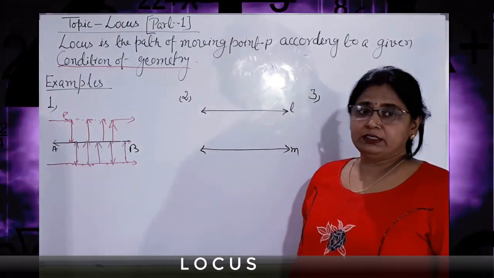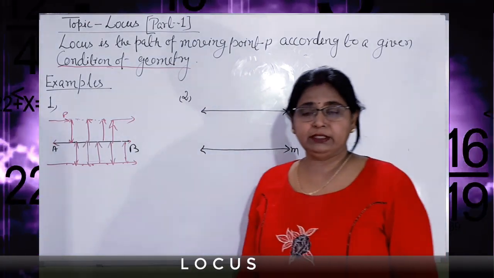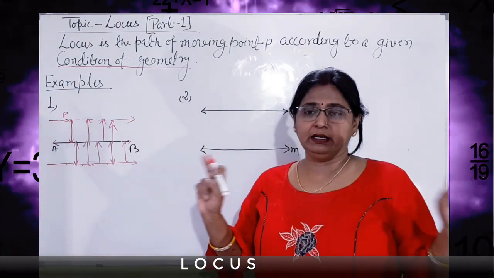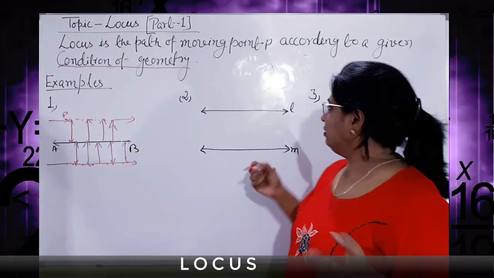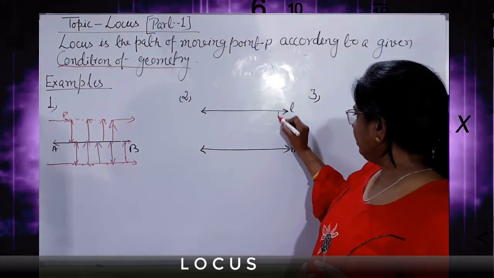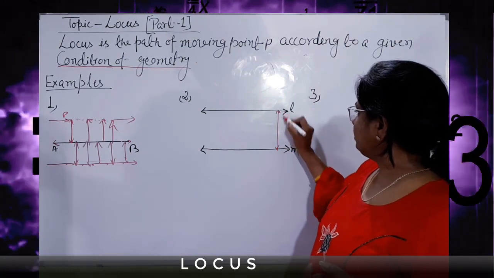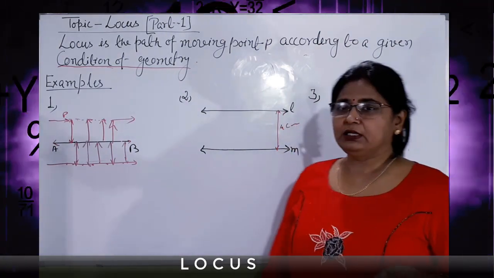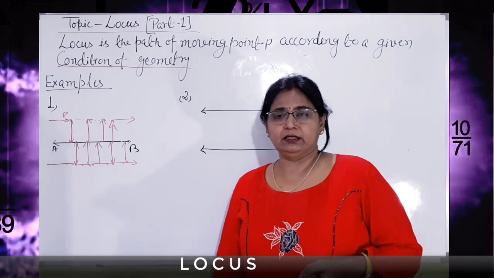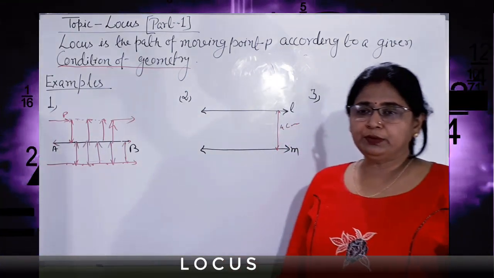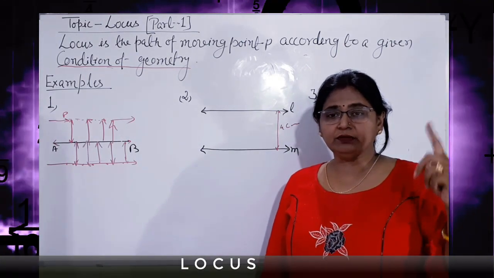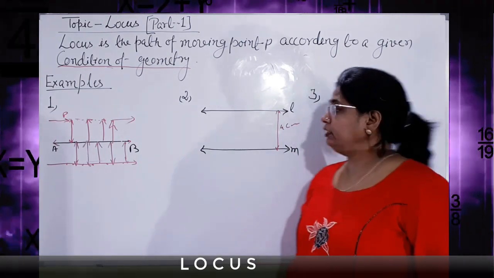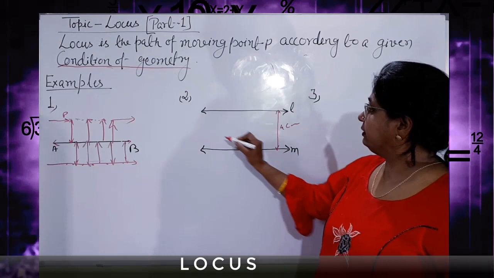In the same way, for the second example I have taken two parallel lines M and N, suppose 4 cm apart. The locus of a point which is equidistant from both the given lines is parallel to both given lines.